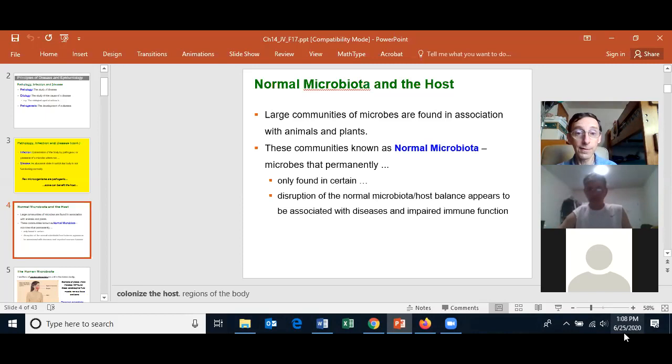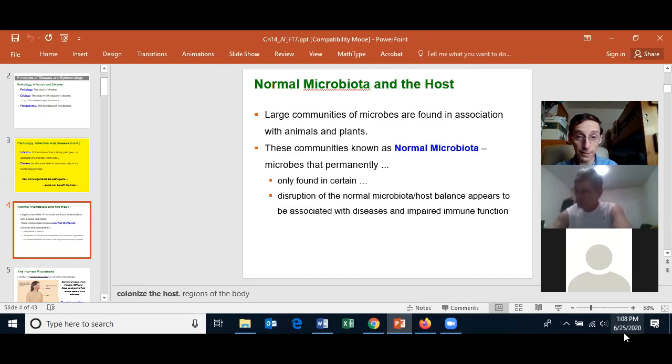The normal microbiota is only found in certain locations, and we can have a disruption of the normal microbiota and host balance. When either the normal microbiota is thrown out of balance or the host is thrown out of balance, it can change the relationship between the normal microbiota and the host.